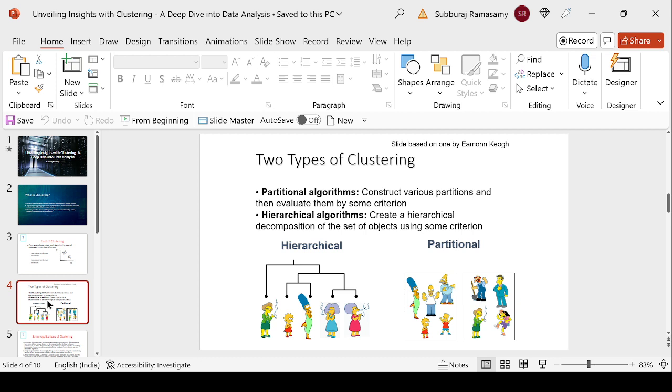And the other type of clustering is hierarchical algorithms. Create a hierarchical decomposition of the set of objects using some criterion. These are the only two types of clustering, nothing more.